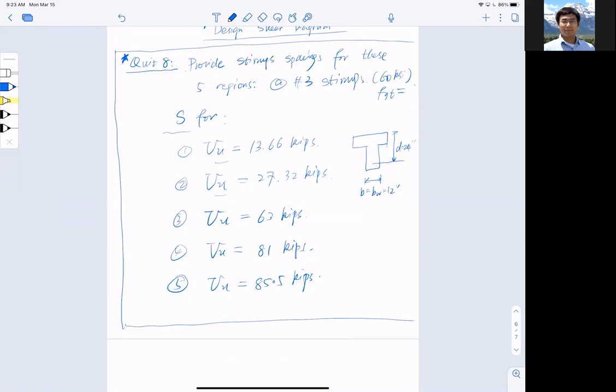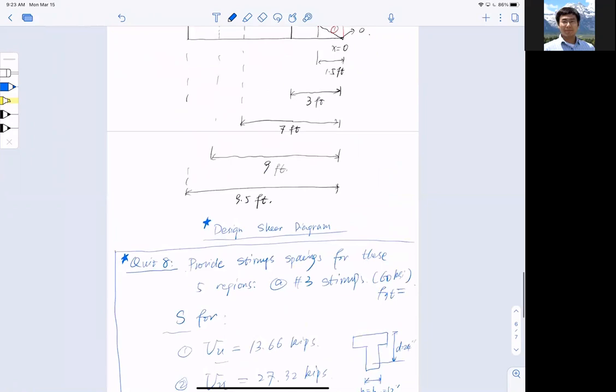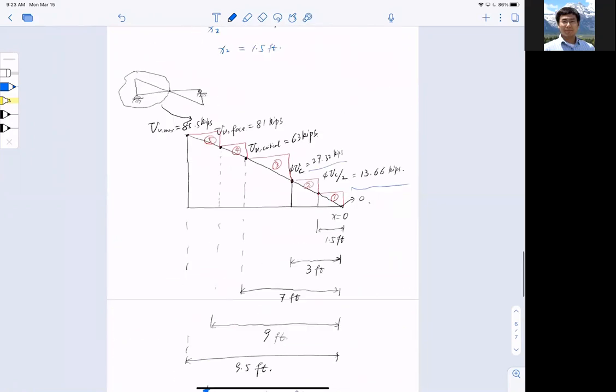When you finish this design, hopefully this will be the pattern of stirrups that should look like: 2 stirrups maybe here, a little bit denser here, a lot denser here, very dense here and here.